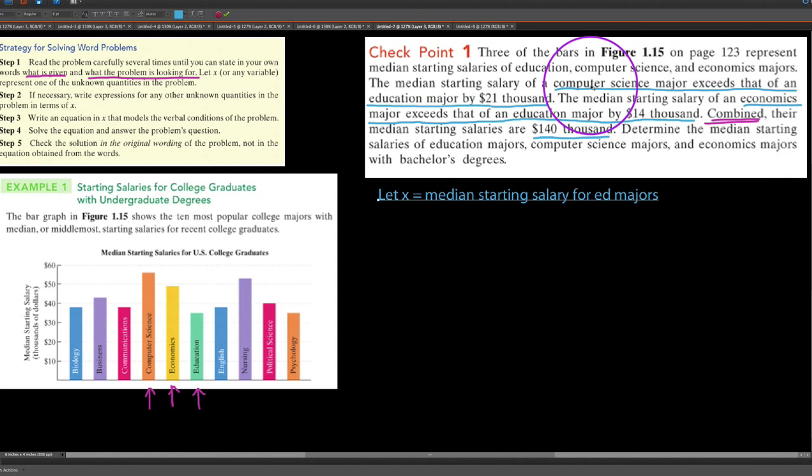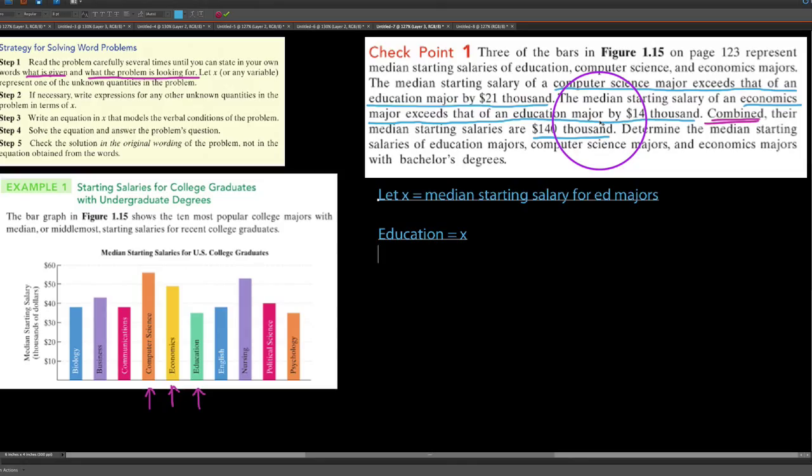But I noticed that in either case, computer science was compared to an ed major and economics is compared to an ed major. So when we write expressions for each of those, we can write them in terms of x. So now that I know that ed majors make x as a median starting salary a year as they start out, we can say that ed majors, let's say education, is equal to x dollars a year.